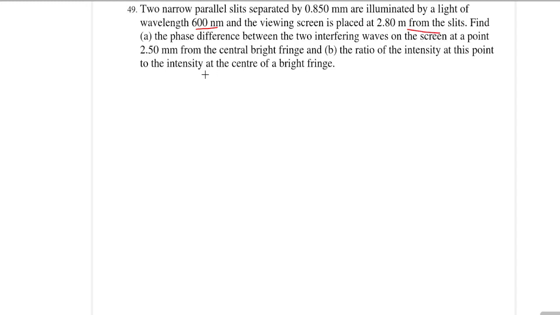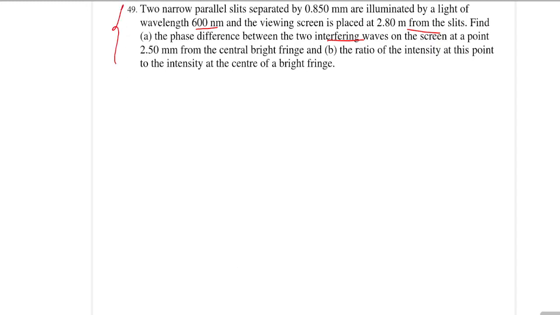There are two subparts here: find the phase difference between the two interfering waves on the screen at a point 2.50 millimeter from the central bright fringe, and the ratio of intensity at this point to the intensity at the center of the bright fringe.